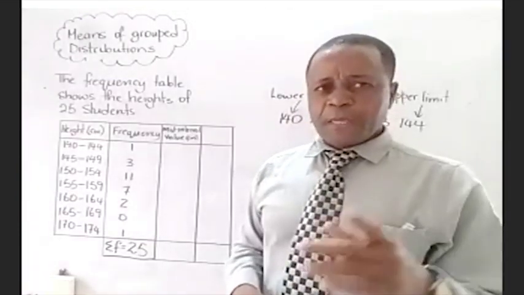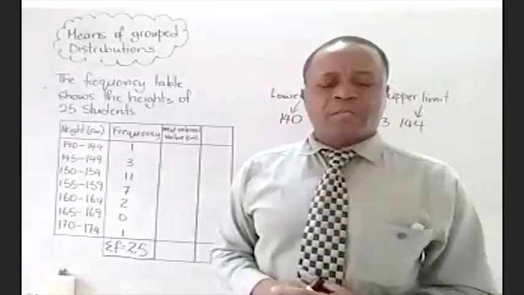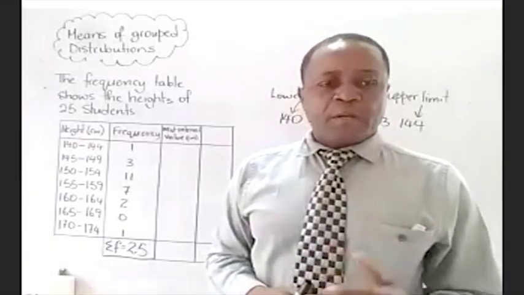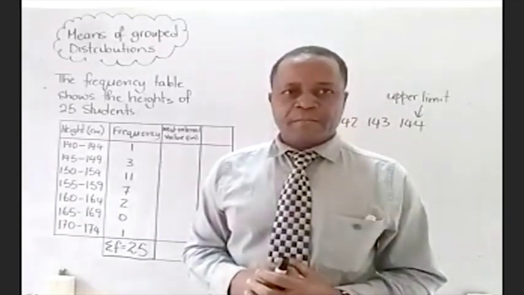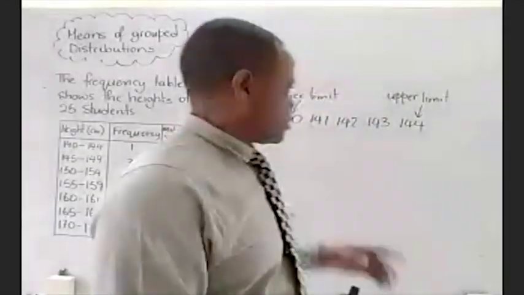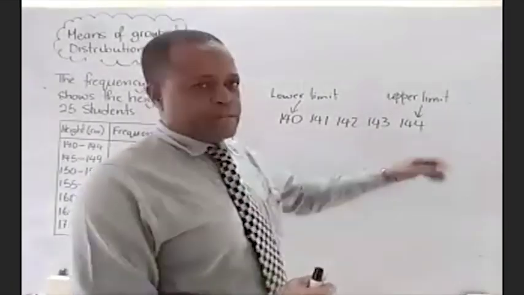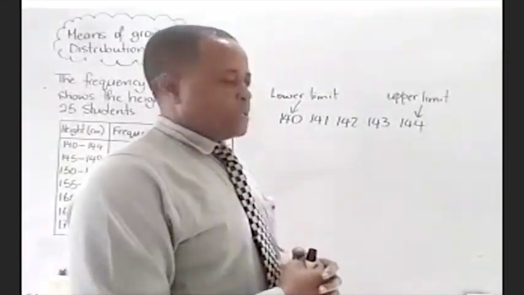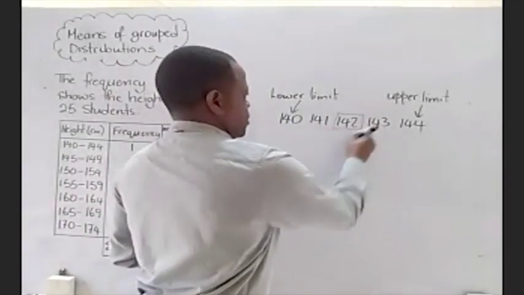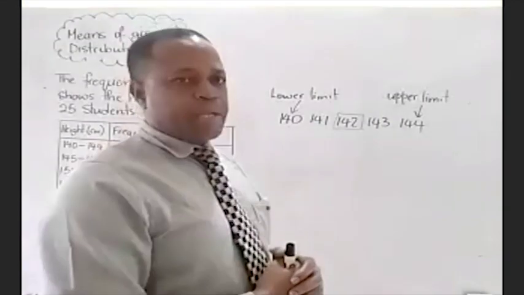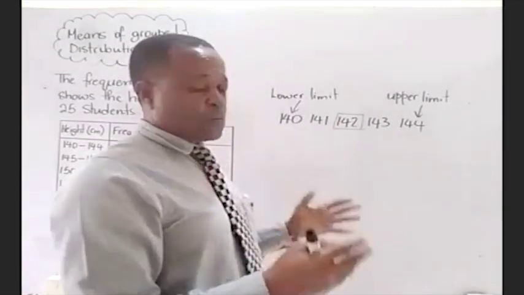Now, the mid-interval value, how do we go about finding those values? There are many ways that you can find the mid-interval value. One, we could write out all the values like that. Then we identify our middle value, or the median value right here. So that's one way.